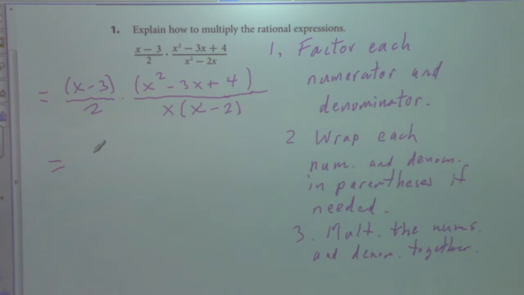So if we do that, we'd have x minus 3, and this quadratic trinomial we couldn't factor. And then we'd have 2x, x minus 2. So these would be the 3 steps.